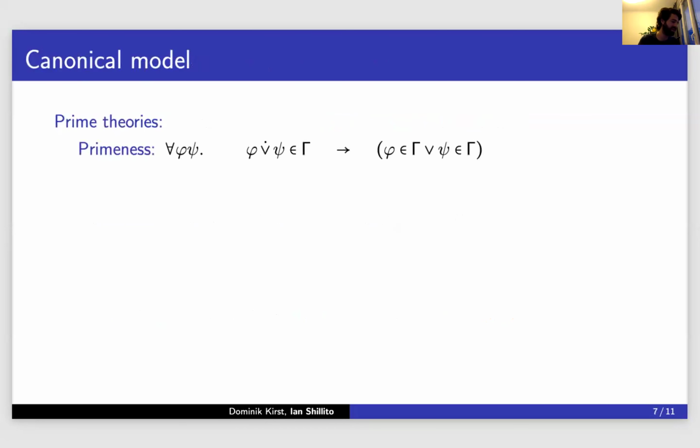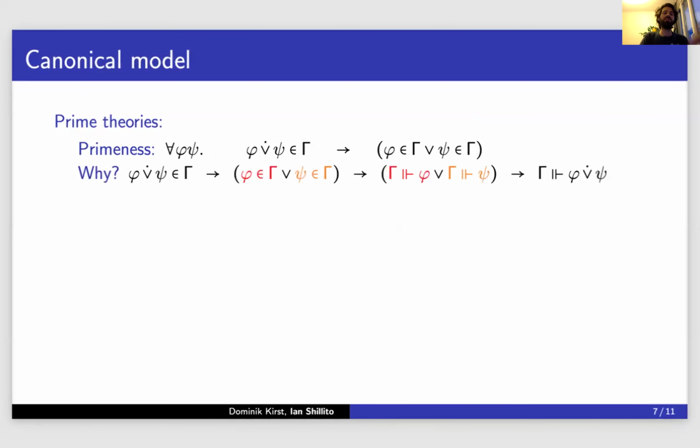So what do we want our theories to be like? Generally, the properties of the theories that we'll want to have will be dictated by the truth lemma. First of all, we want our theories to be prime. What that means is that if a prime theory has a disjunction in it, then it needs to witness this disjunction by having one of the disjuncts inside of it. Why do we want this property? Well, because if you have a disjunction in a prime theory, that implies that one of the disjuncts is in the theory.